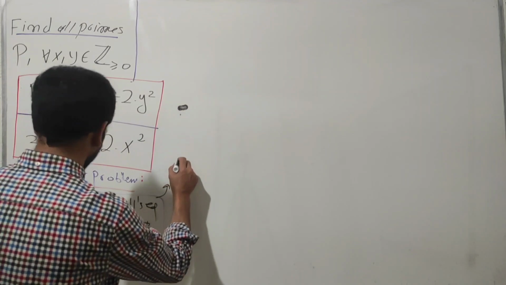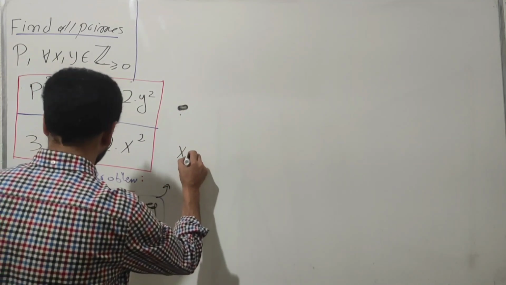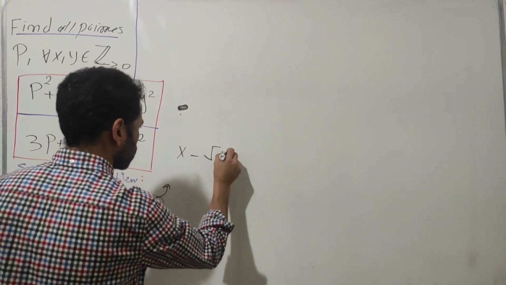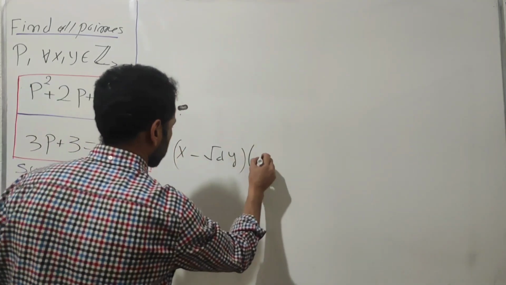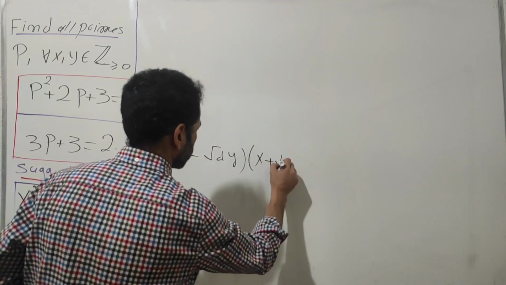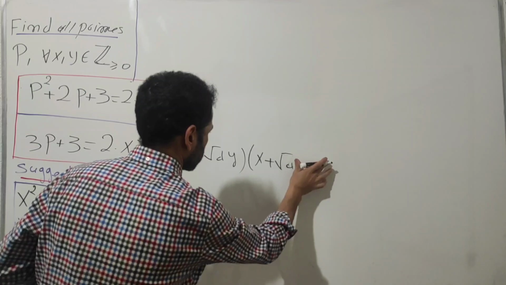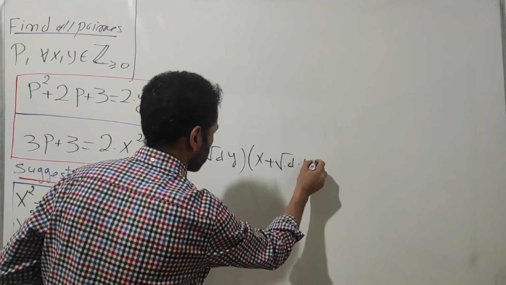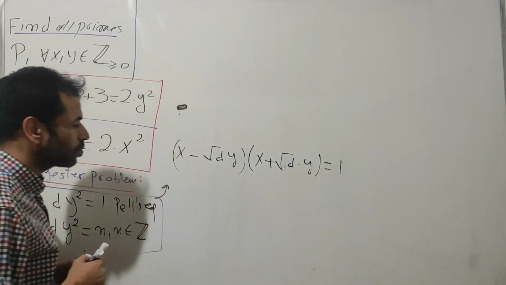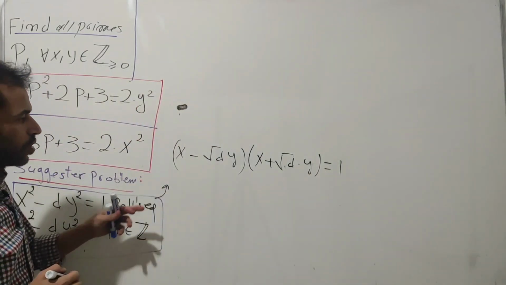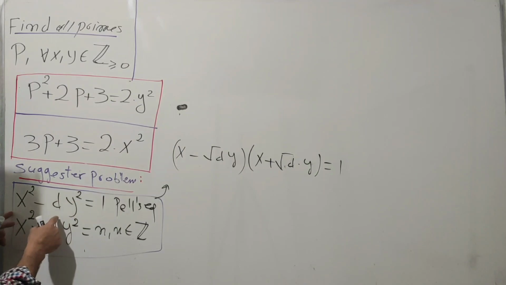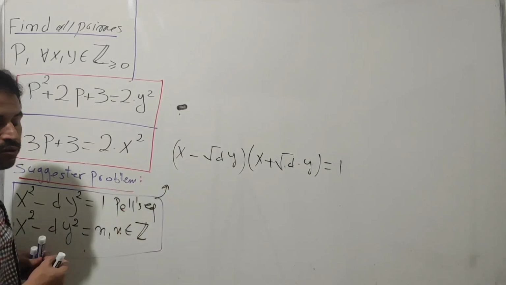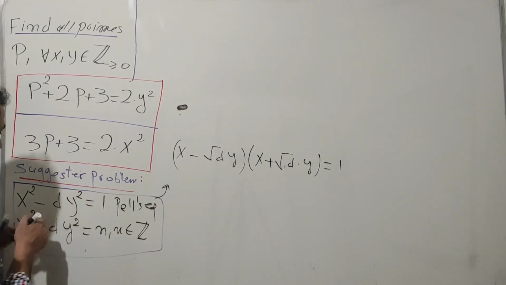This is going to be written in the form of x minus square root of d times y, multiplied by x plus square root of d times y, equals 1. In order to find the solutions, first of all we find a small solution which verifies this equation.